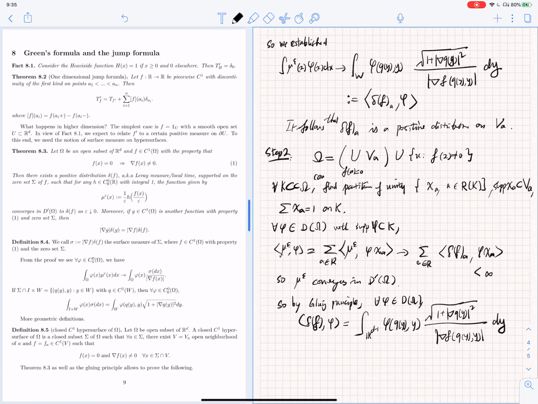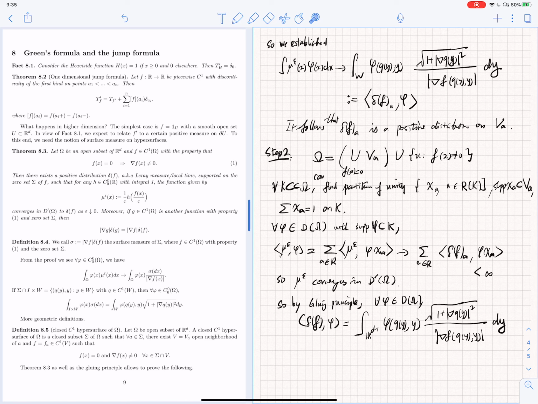Okay, so when we restrict it to a VA, any of the sets in the covering, it coincides with what we have in the limit, what we call delta FA. And so by the uniqueness in the gluing principle, this has to be the limit in the whole set omega.